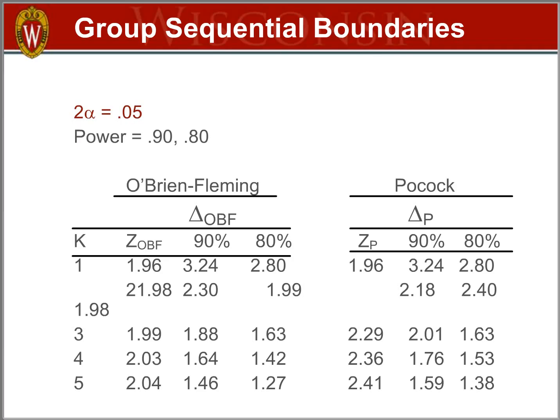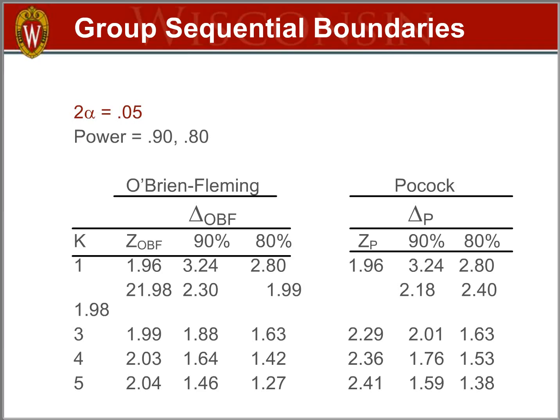But if I look over at the Pocock set of boundaries, there the Z sub P is the critical value for the Pocock boundary. And notice that for, again, one analysis, it's 1.96. But if you were to plan on computing the analysis 5 times, which is in the graph, that Z value would have to be 2.413. If you think back to the sample size calculation, what you'd have to plug in is not 1.96, not 2.04, but 2.41.